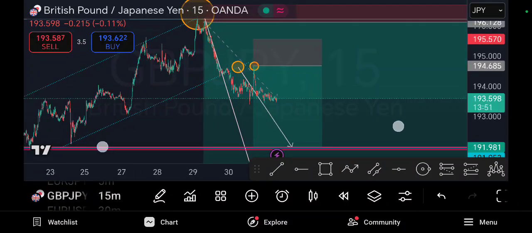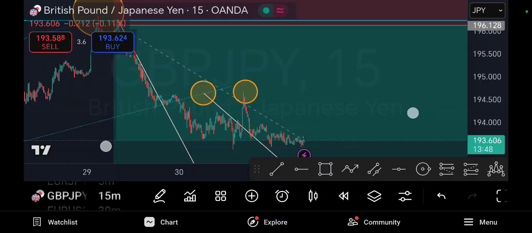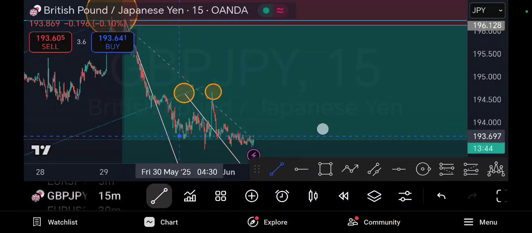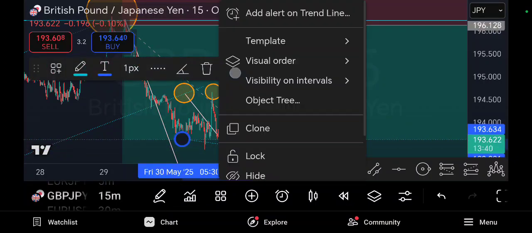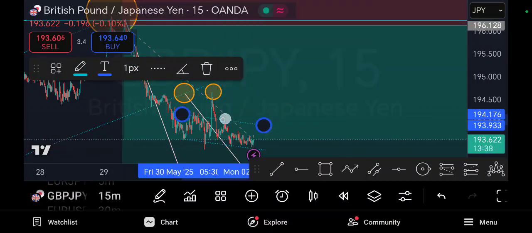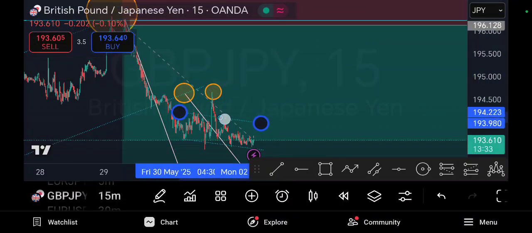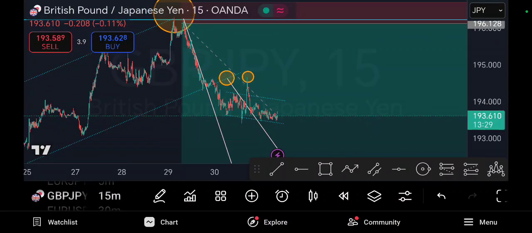Oh, okay, wait. Okay, cool. Let me just remove this one. Okay, cool. We missed it. We missed that trade, right? So let's see what we have now. This is what I'm seeing now. It's a falling wedge.